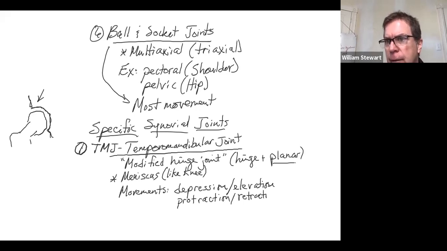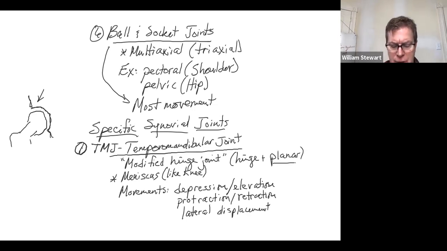Sorry about the writing. There's also lateral displacement. That's side to side in that planar movement. And finally, very mild, slight rotation. So that temporomandibular joint can do all sorts of things. It's a special modified hinge joint.